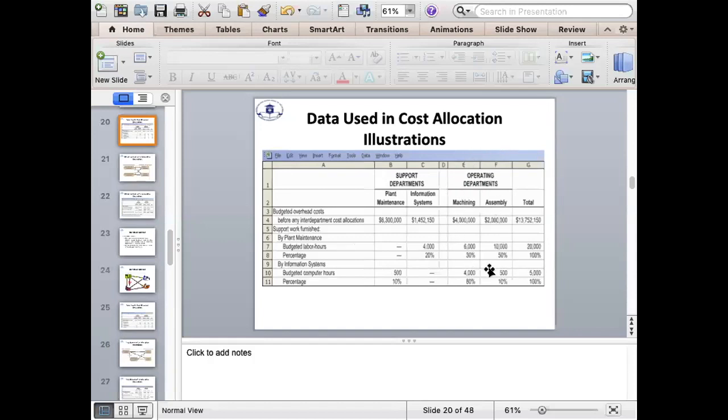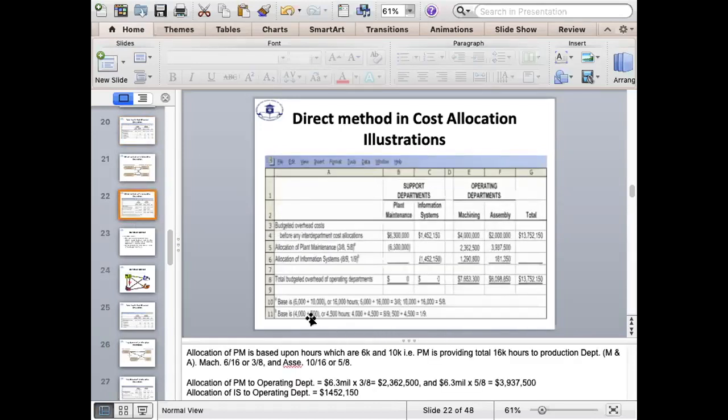So for production department or operating department, the total services provided by information system is 4,500, which is the base. So 4,000 divided by 4,500 and 500 divided by 4,500. So base will be 8 divided by 9 and 1 divided by 9.